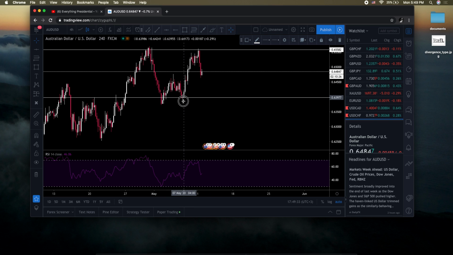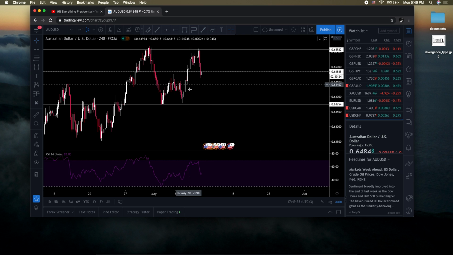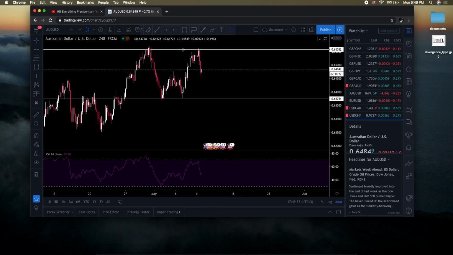On the bigger time frames, you can see the bigger picture. So this is your main support and resistance, the more accurate ones. You have more chances that the market is going to reverse from these two than from the ones in between.